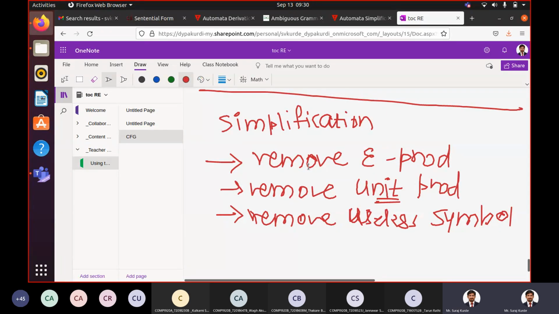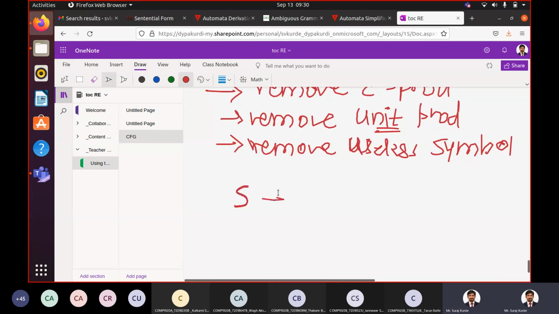Epsilon production: there should not be any epsilon production in the grammar. Second, it should not have any unit production. What is unit production? So S produces epsilon. This is an epsilon production. S produces A. One non-terminal producing another non-terminal.